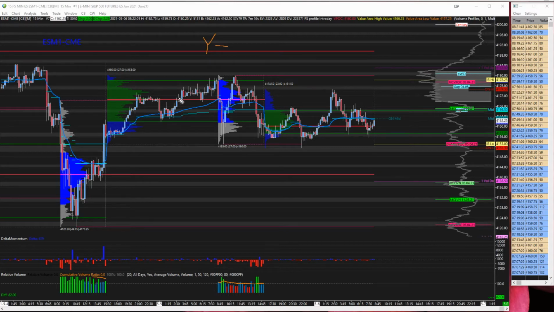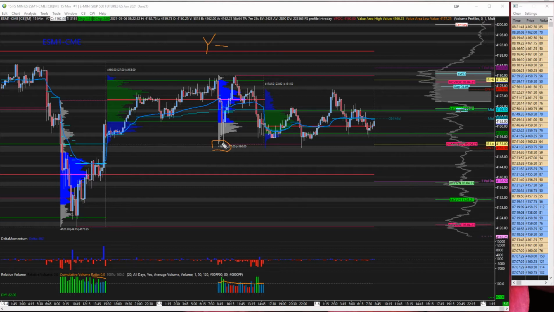To around 66.70. But it went down to 153 for a continuation higher. So we opened, it was a drive down move. 66 was this mid.